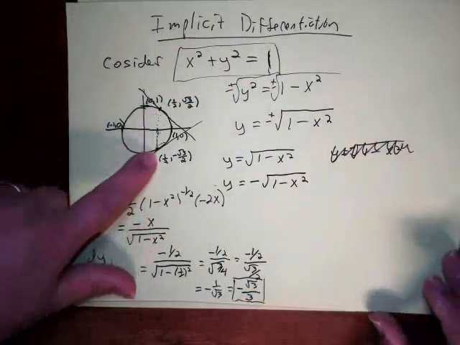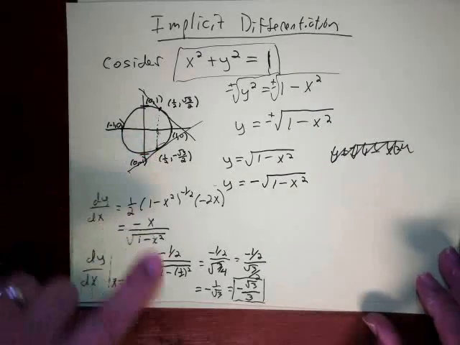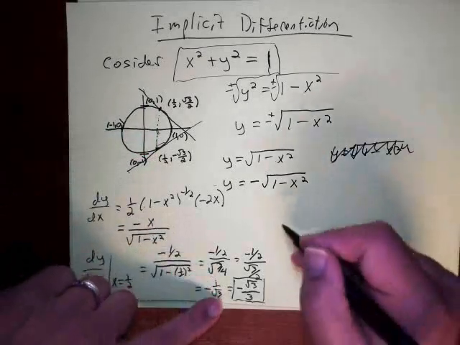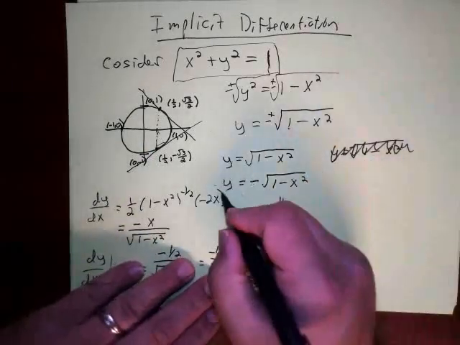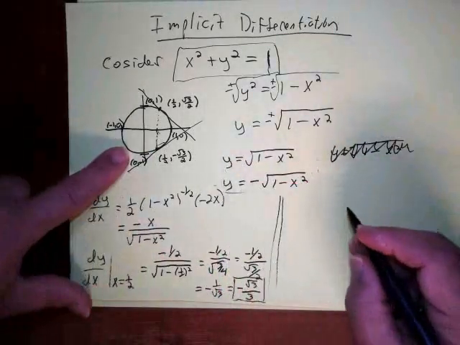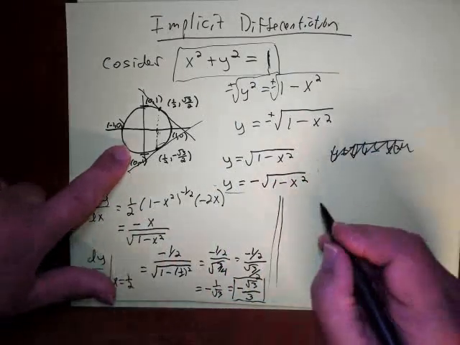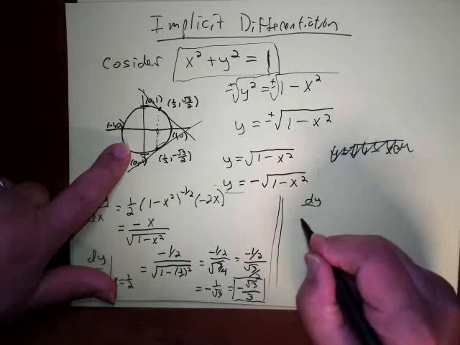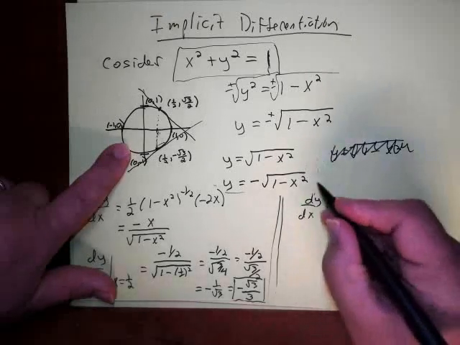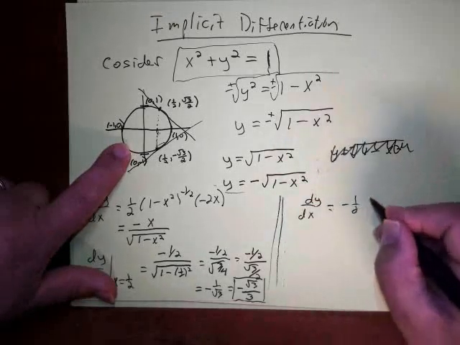Okay? So now what about this one? Well, I can do the same thing here, but I'm going to use the function down here. So let's try that. So dy dx, right? I can bring down the 1/2. I'd have a negative already.